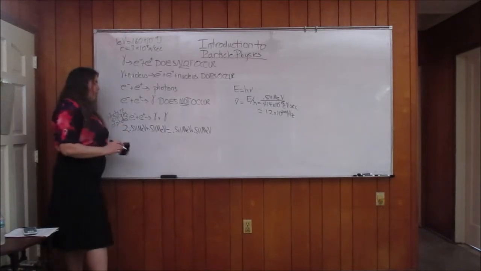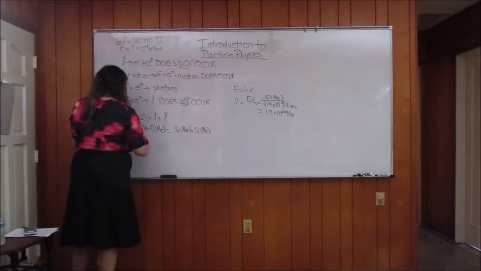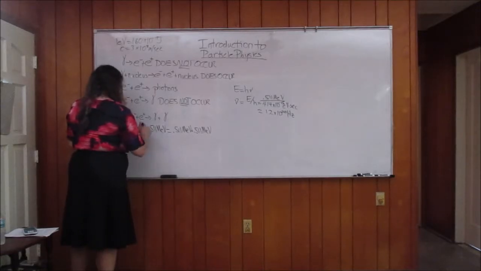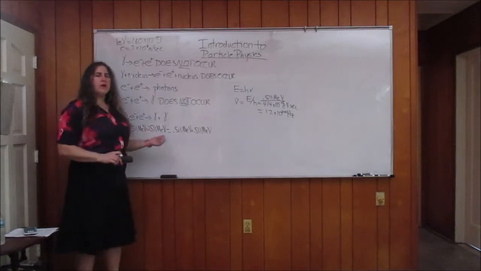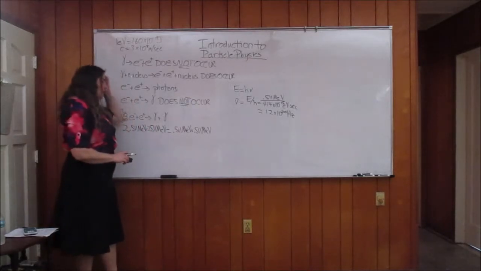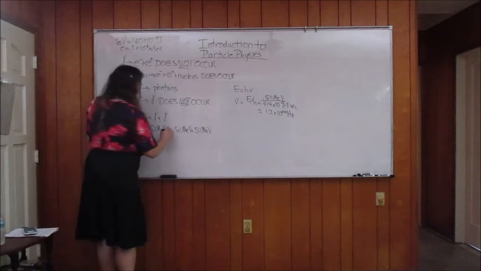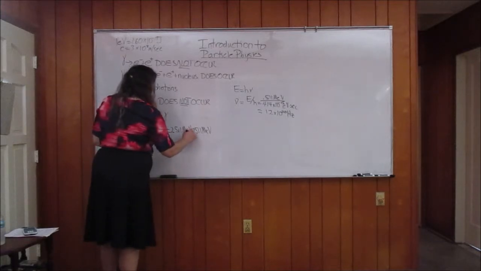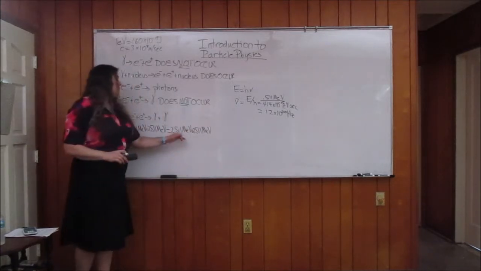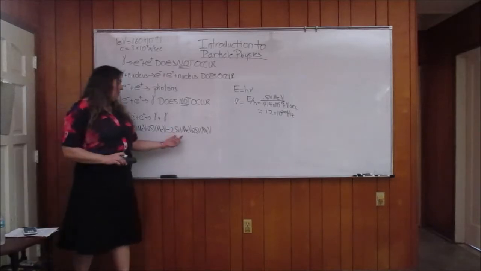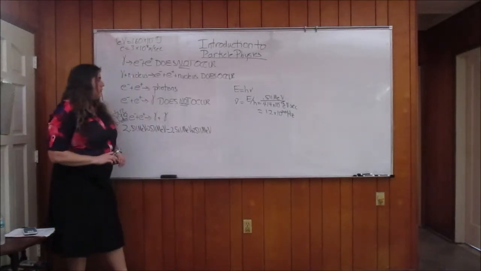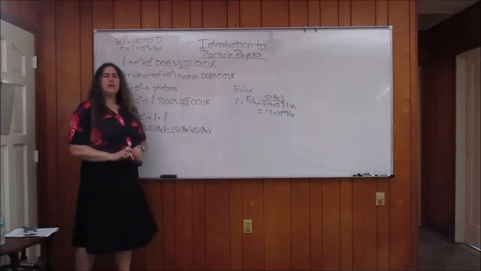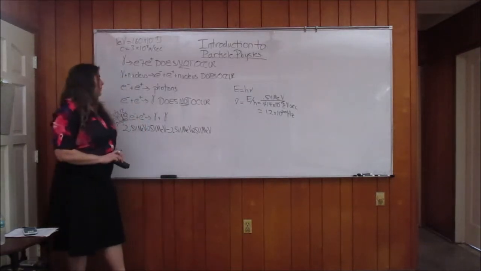In that case, the total amount of energy available in this annihilation will be 2.511 plus 2.511 mega electron volts, and therefore each photon after the annihilation is also going to have energy 2.511 mega electron volts. And you figure out what the frequency of each of those photons is going to be as well.